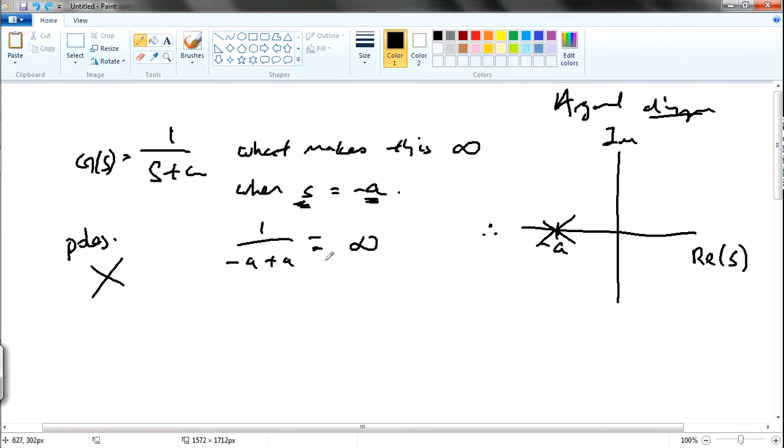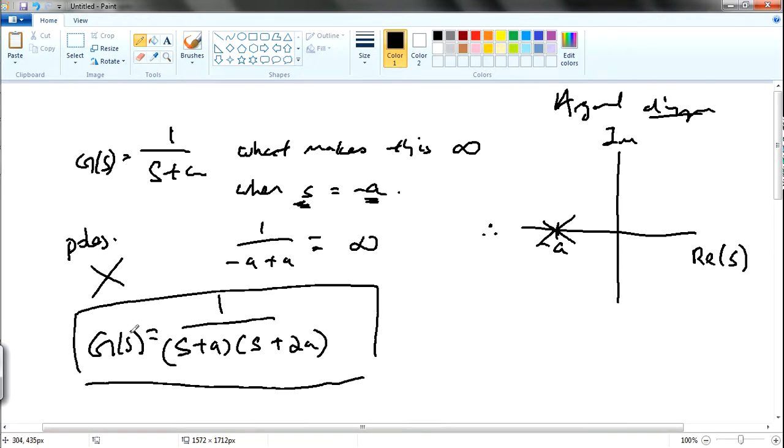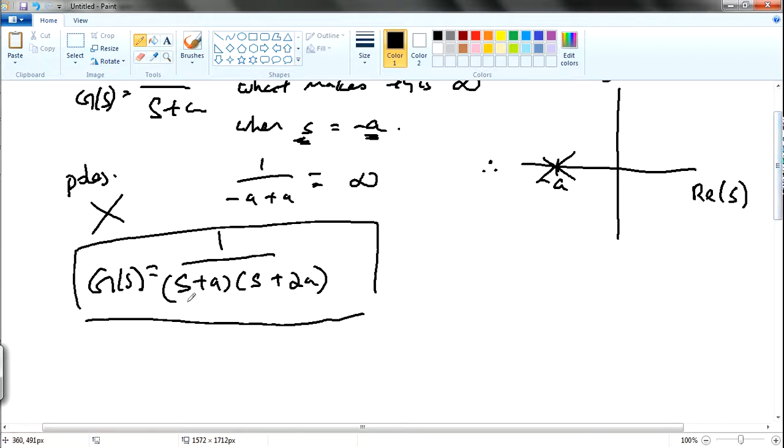One pole. So what if we want two poles? Let's say the transfer function now has s plus a, and maybe s plus 2a in the denominator. So I repeat again: when you're taking poles and zeros, you're taking the transfer function itself. In order to make the denominator 0, s is minus a, right?